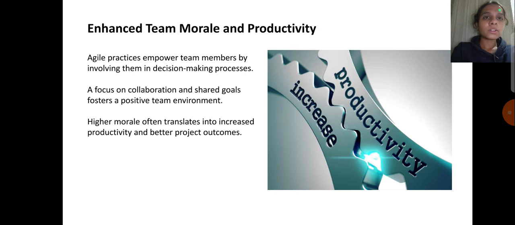And high morale often translates into increased productivity and better project outcomes. And that will increase the productivity of the agile practices.